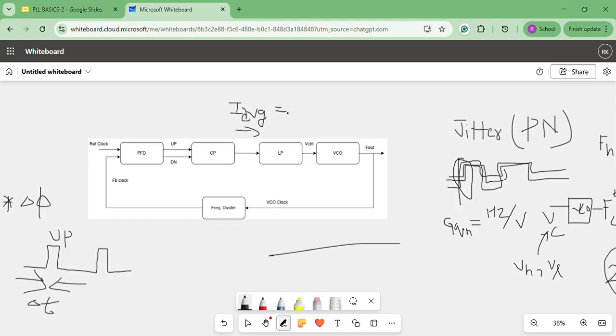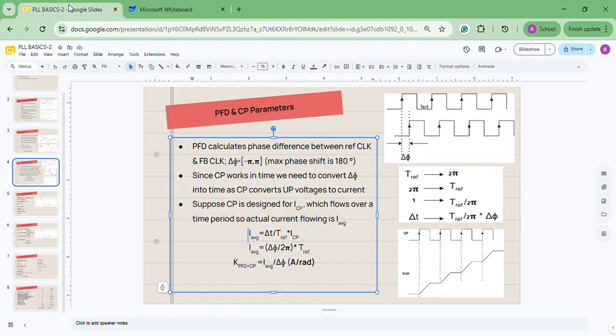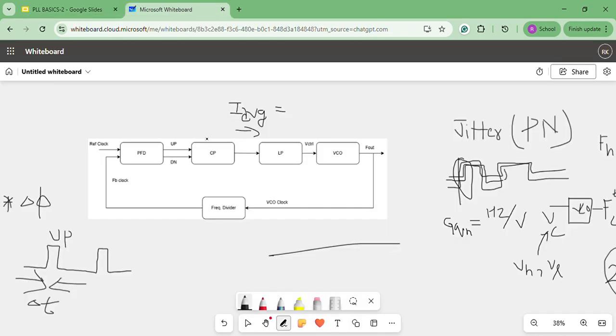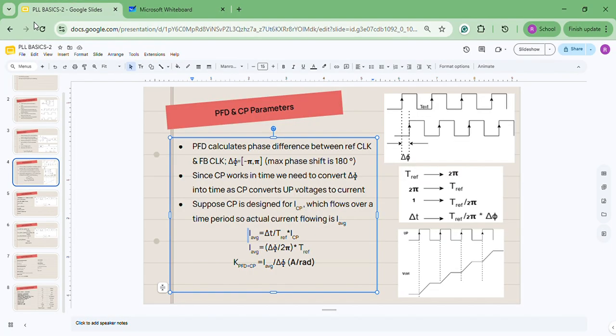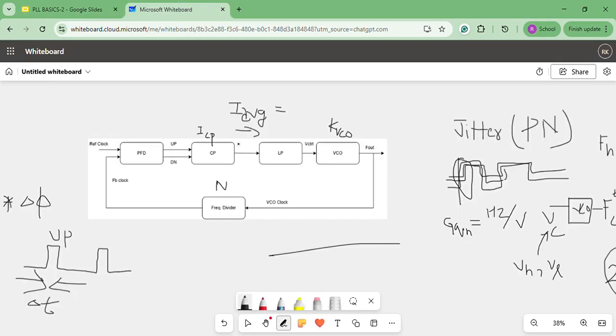I average. How can we calculate I average? ICP is the design parameter for the charge pump, KVCO is the design parameter for the VCO, and N is the design parameter for the frequency divider, as we have discussed till now. Okay, so now we want to calculate the gain. Why do we want to calculate all this?